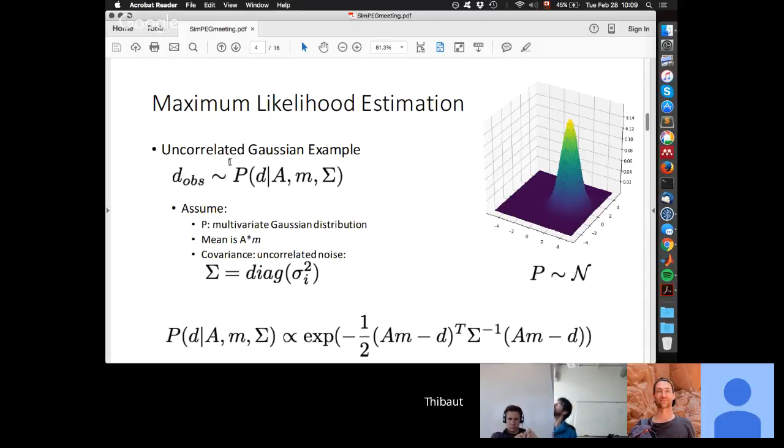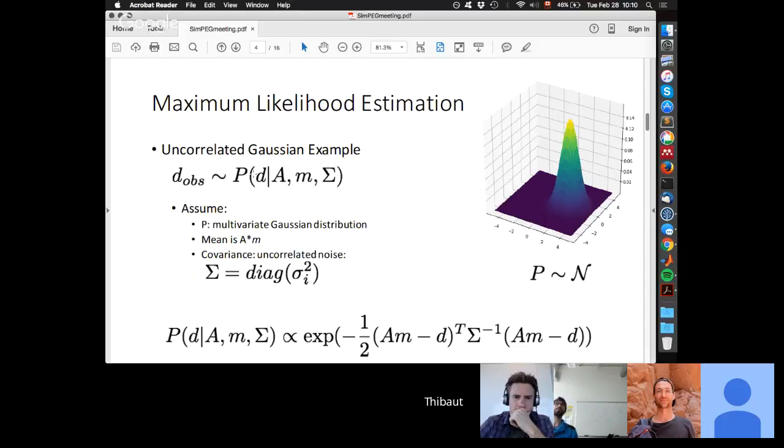Knowing the data and assuming I know my probability distribution, my physics and my covariance matrix, I want to play on the model M, so I maximize the likelihood, so I maximize the probability of my data. What I'm saying is that I have data, and I'm considering that it's the most likely one, and I'm going to just play on the model parameters to make the data the most likely. That's the approach. Does it make sense for you? I think so.